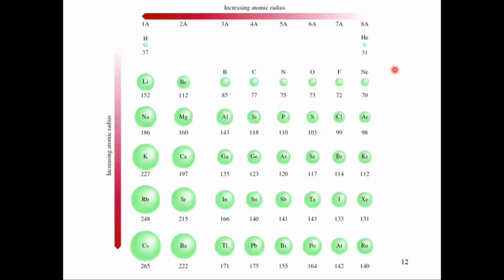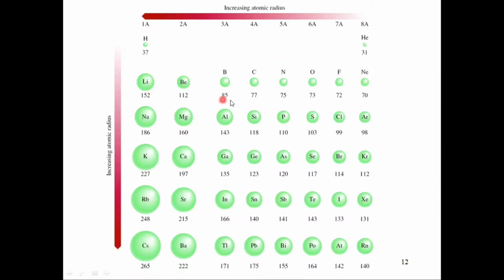You can see the trend of the atomic radii of the elements. This is hydrogen, helium. Now consider the second period, in which you can clearly see the decrease in the atomic radii. Atomic radii decrease along the period and increase down the group.